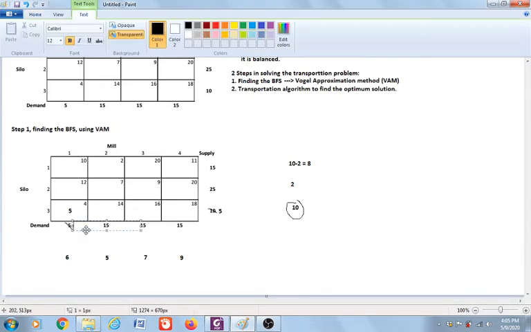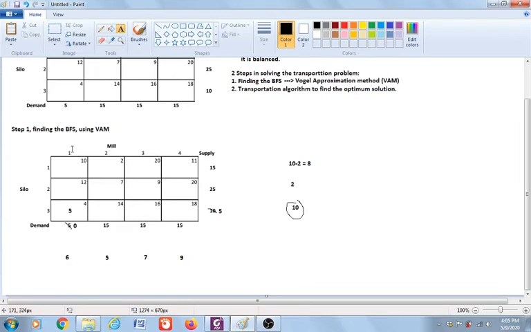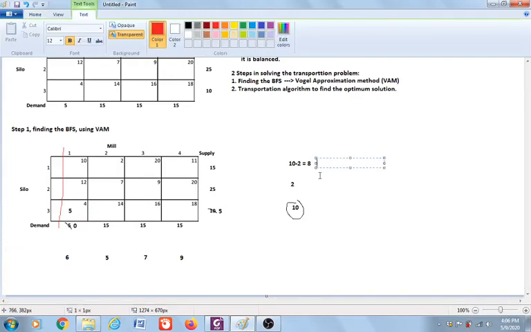Now I have 0 here. Column 1 has a 0 demand, so I have fulfilled it and I can cross out column number 1. The next thing that I need to do is repeat this step using the same method. Now we need to get the penalty for row number 1. Now it is 11 and 2, so the penalty is 9.